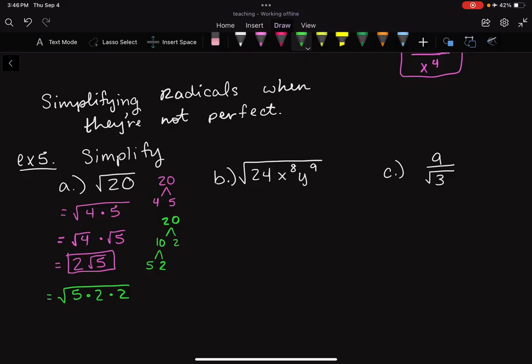Since it's a square root, when you get a pair of 2s, they can come out to the front. So this would be 2 root 5. Now you have to be careful there, because if it was a cubed root, you would need a triple, so we would need 3 2s to bring it out to the front. If it was an eighth root, we would need 8 of the same number to be able to bring it out of the root.